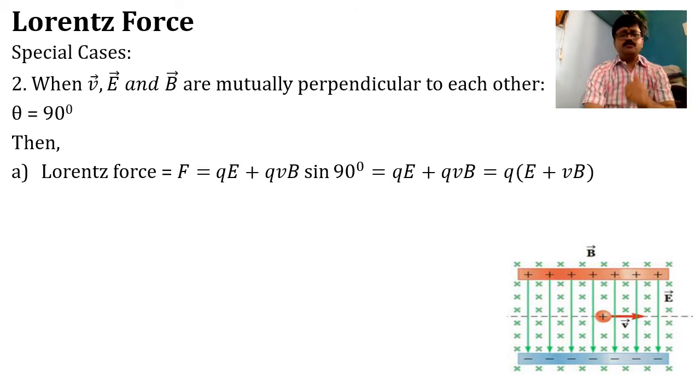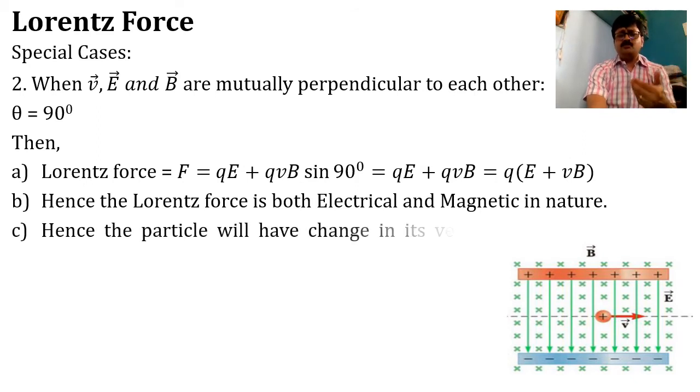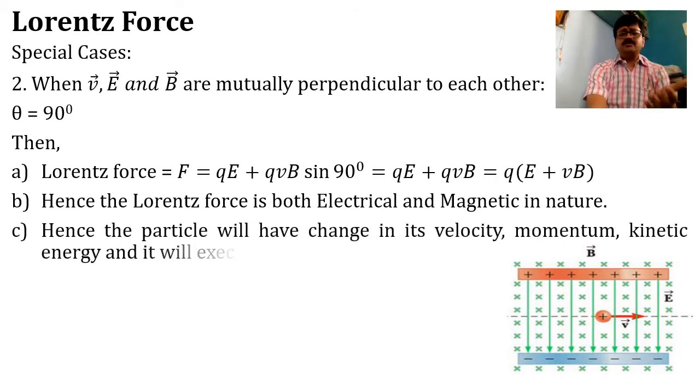We can conclude very easily that the Lorentz force is both electrical and magnetic in nature, and due to electric field, the charged particle will get accelerated. Okay, that means its velocity, its linear momentum and kinetic energy will be changing.